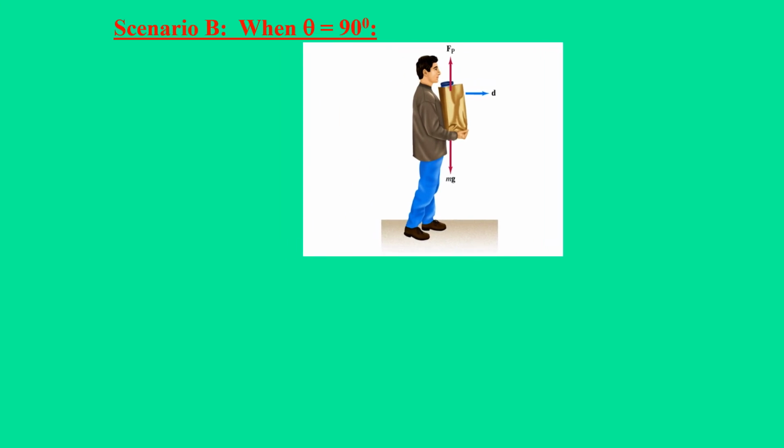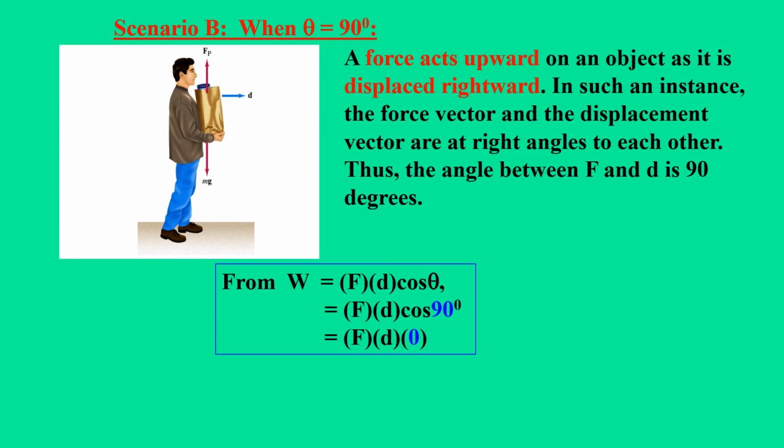Scenario B, when theta equals 90 degrees. A force acts upward on an object as it is displaced rightward. In such an instance, the force vector and the displacement vector are at right angles to each other. Thus, the angle between F and D is 90 degrees.